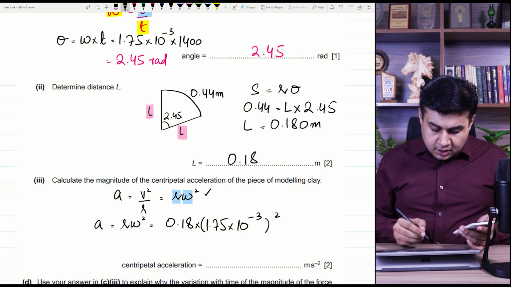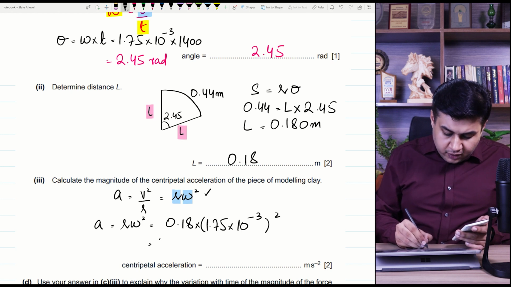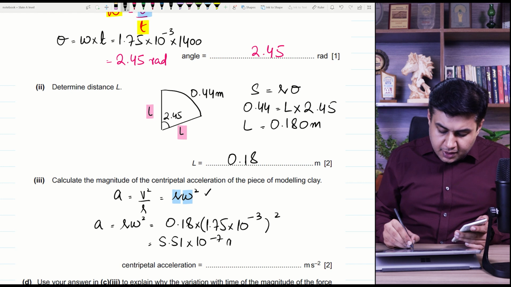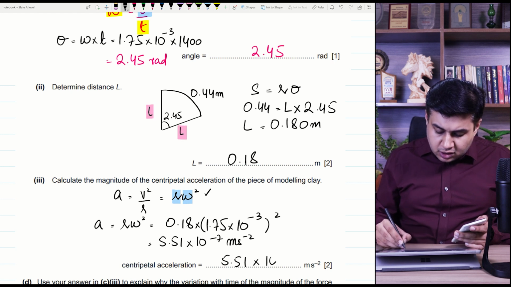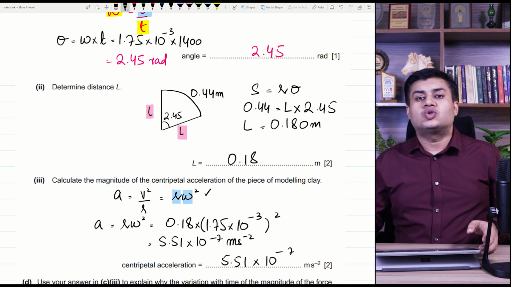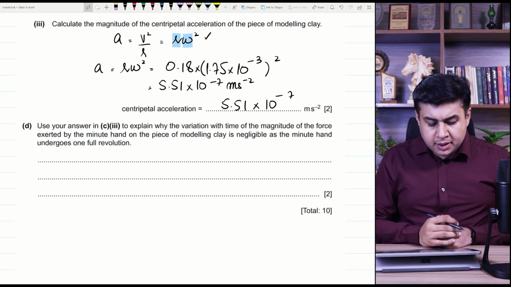Your answer is 5.51 multiplied by 10 raised to power minus 7 meters per second square. Let's move on to the next part D.